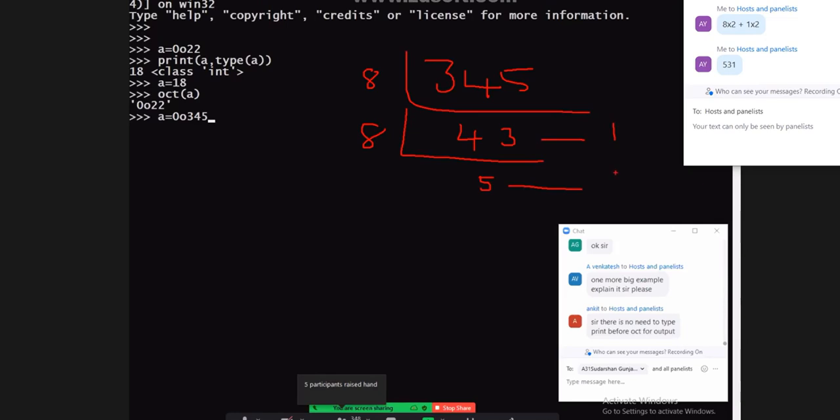Come on, fast. Somebody asks us, take one big number. 8 and a 0. What is the answer here? 5. The answer here is 531, and its equivalent is what?